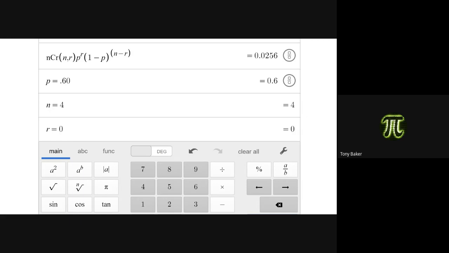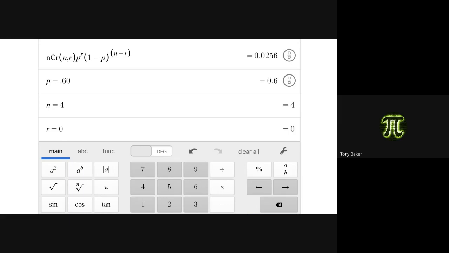It just takes you to the scientific calculator for the statistics one. Like I thought, they have most of the formulas built into this one. This is so cool.